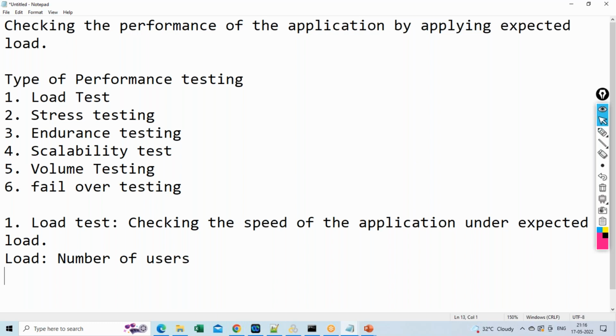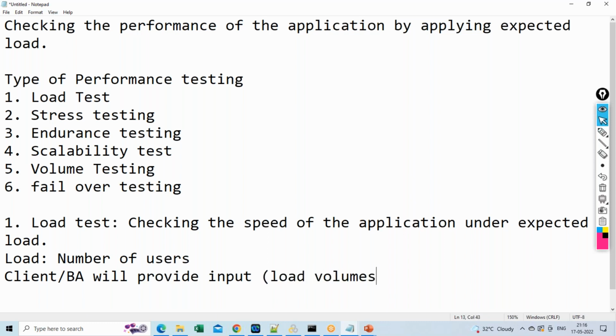So here the client or the business analyst will be providing the input to us. That is load volumes. When I say input, that is load volumes, with how many users we have to test, what is the target we have to achieve. For example, 500 users.